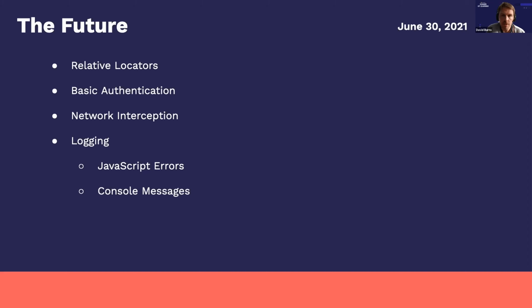Like every other framework nowadays, we've got network interception. I'll show a quick code snippet of that. There is logging for JavaScript errors. So if you want to fail a test automatically when a JavaScript error has been hit, you can do that now in Selenium 4.